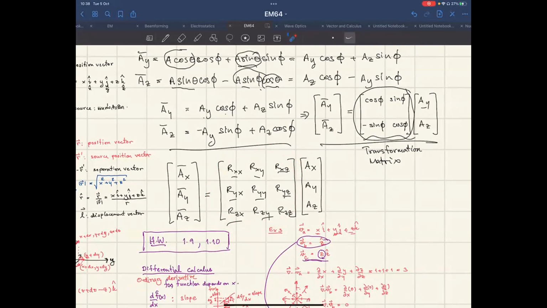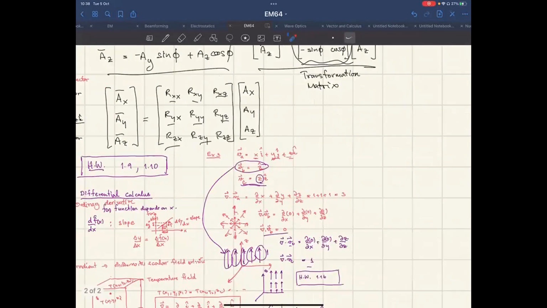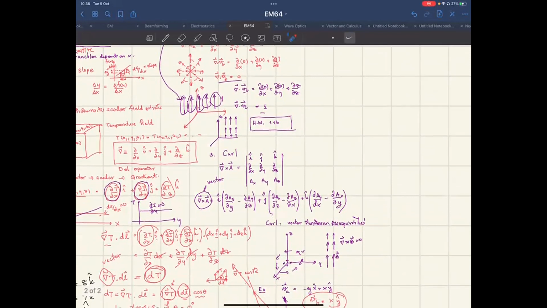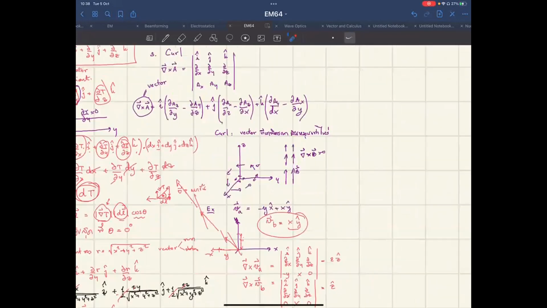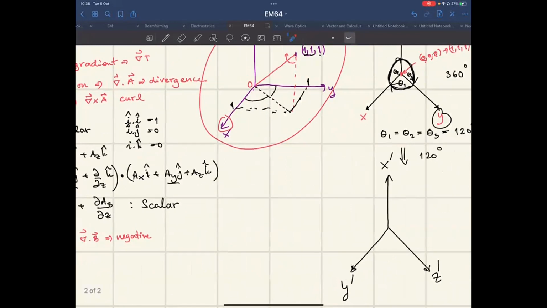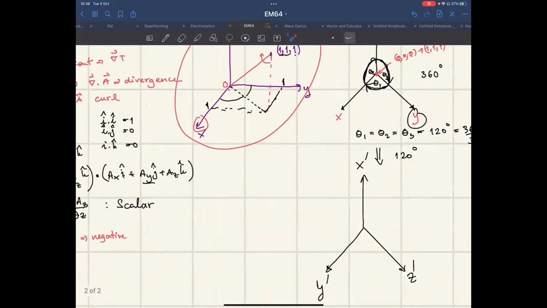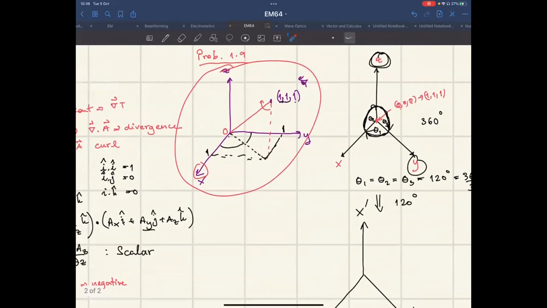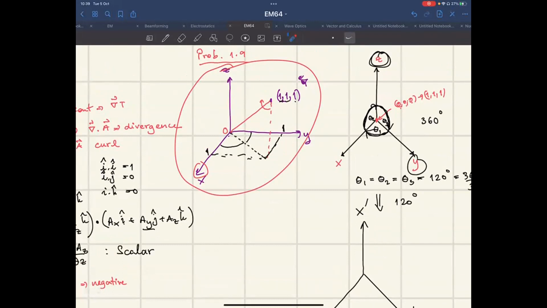So now we know how it looks like. We want to construct this matrix. How are we going to do that? Now we have to know that z becomes y and y becomes x, x becomes z.